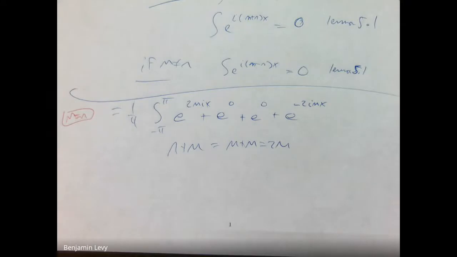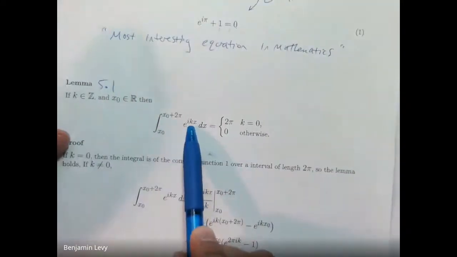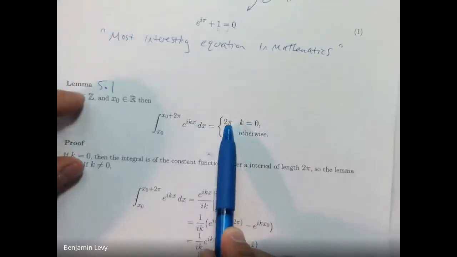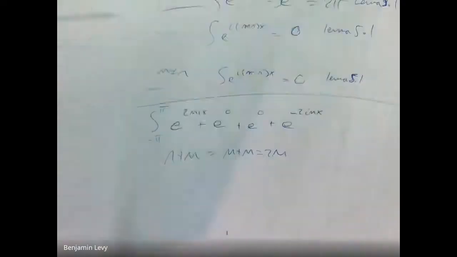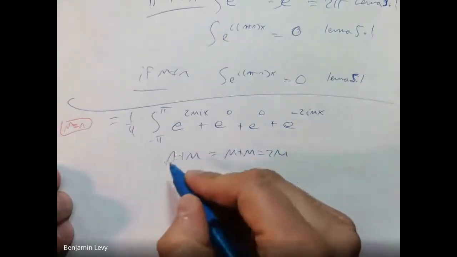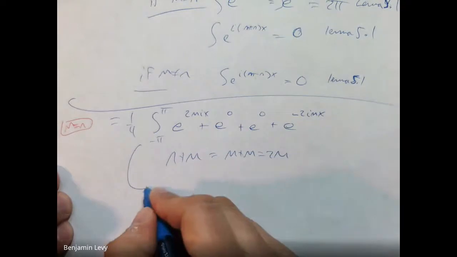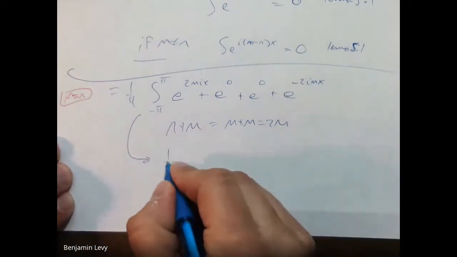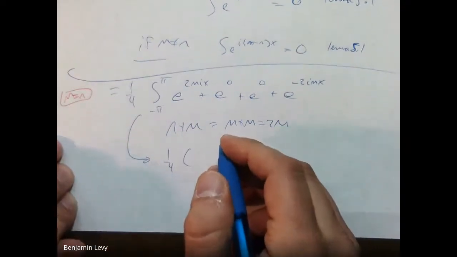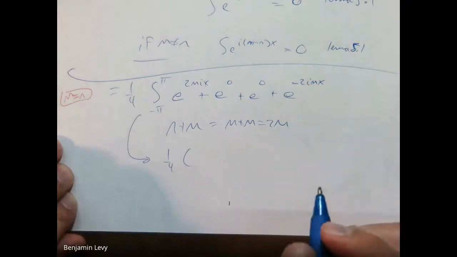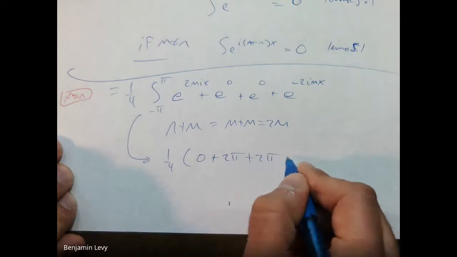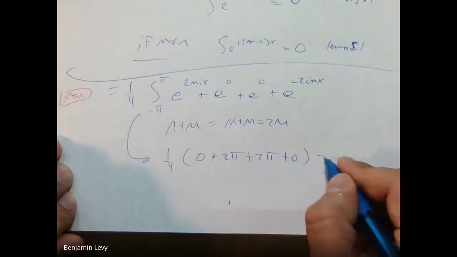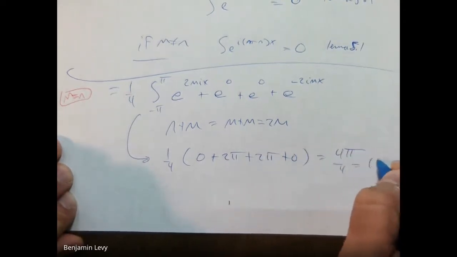And so then the theorem says, I'll put the theorem back up. If you have a 0 up there, if k equals 0, you get 2 pi. If you don't have a 0 up there, it's 0. And so this ends up being 1/4 times, which is which here? 0 plus 2 pi plus 2 pi plus 0, which is 4 pi over 4, which is pi.